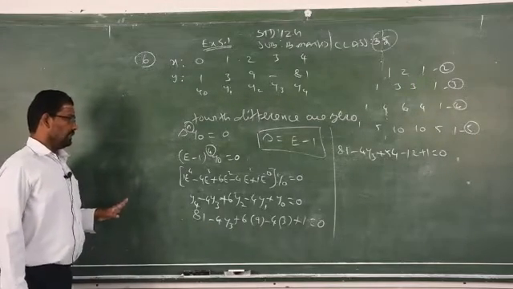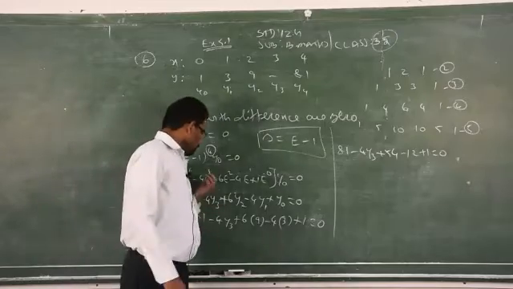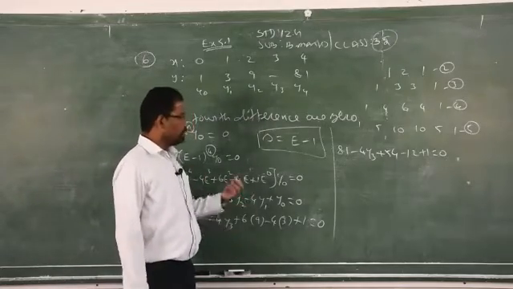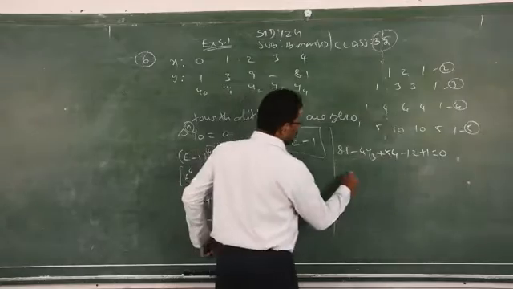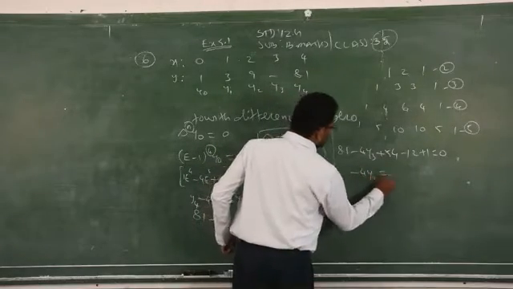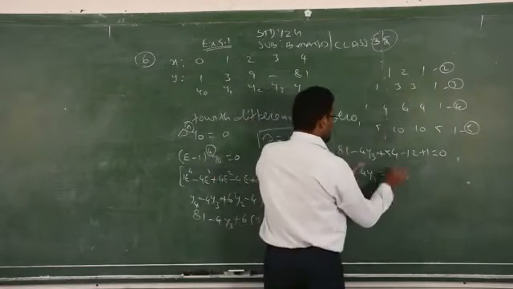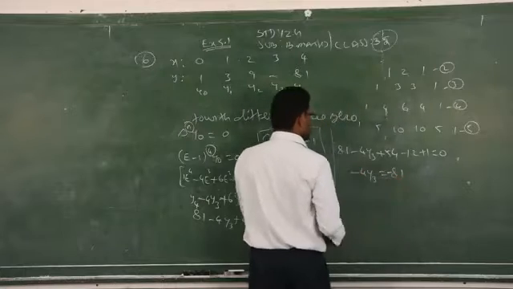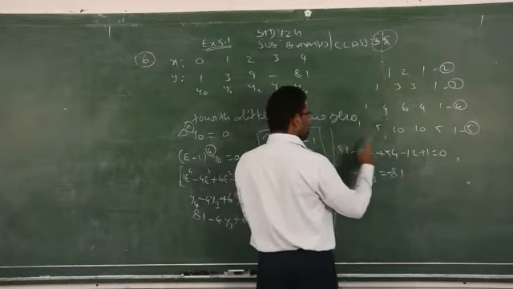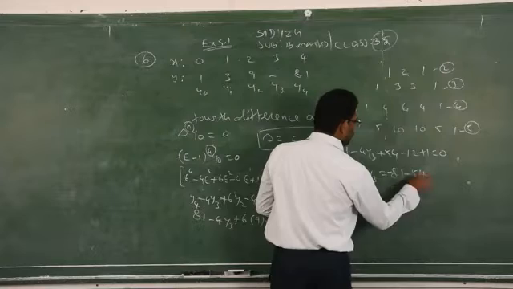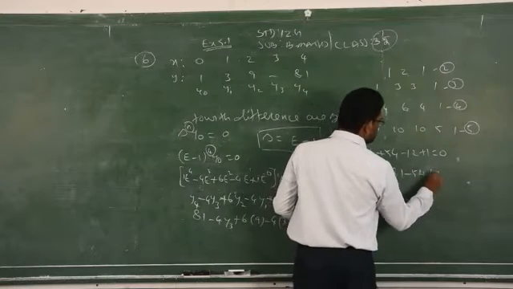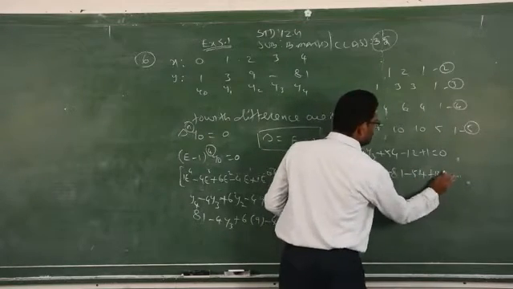I just now said you should multiply and see by using the calculator. Clear? So minus 4y3 is equal to, just transfer the numbers from the left side to the right side: 54 plus 12 minus 1.